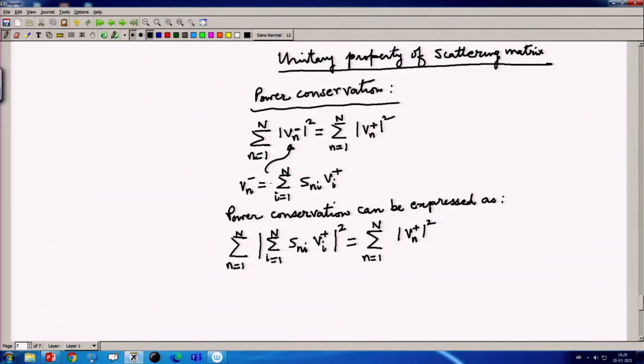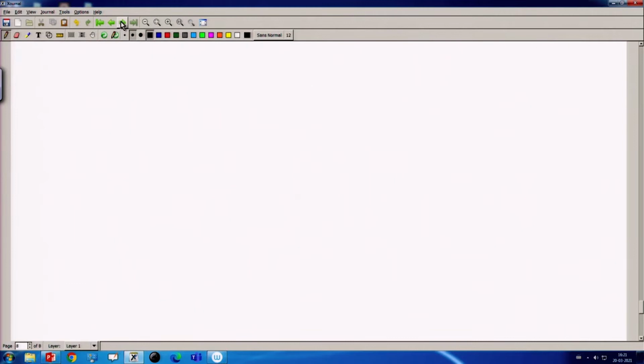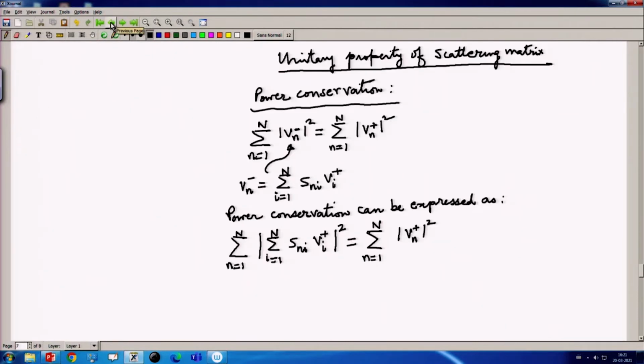So therefore, by substituting from V n minus from this equation to that equation, we simply obtain this equation. Now, because we have no restriction on the choice of V n plus, we will choose all V n plus to be 0 except at the ith port. So, before that, let us give a number to this equation, that is 3.